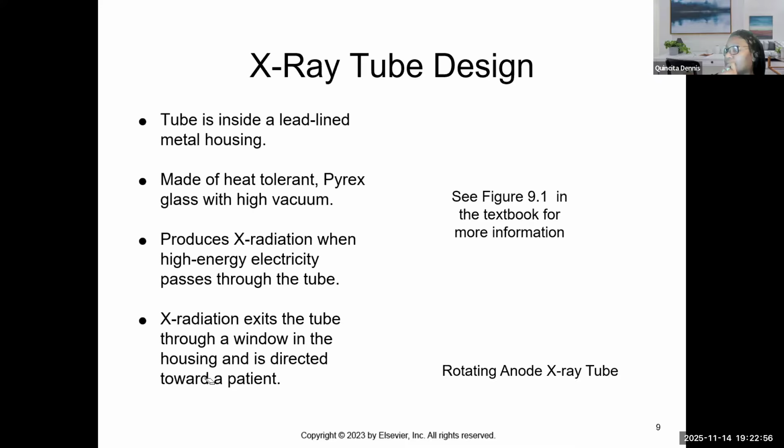Okay. So basically the X-ray tube, that's where the X-rays are produced for that patient's exam. The X-ray tube itself, you can't see it, but it is inside of what you actually do see. The little box that you see, the housing, is lined with lead. And the reason it's lined with lead is that lead has a high atomic number.